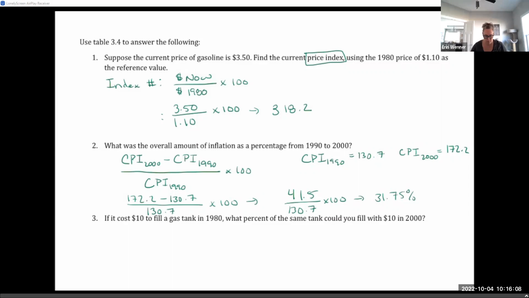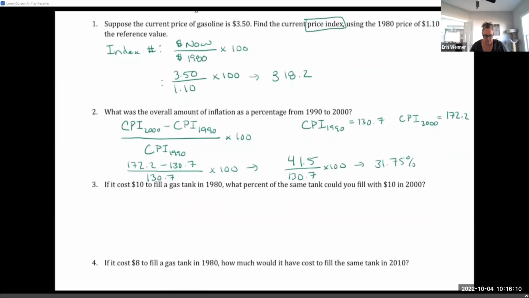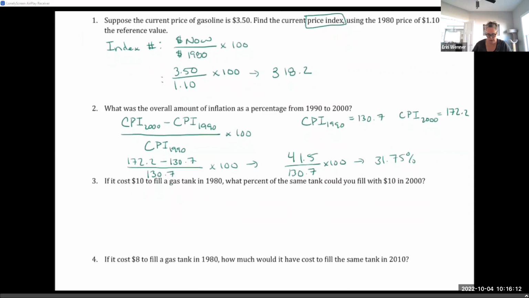Okay. So number 3 says, if it costs $10 to fill a gas tank in 1980, what percent of the same tank could you fill with $10 in 2000? So in order to do that, we need to pull the CPI numbers. So we're going to do CPI in 1980 and CPI in 2000.